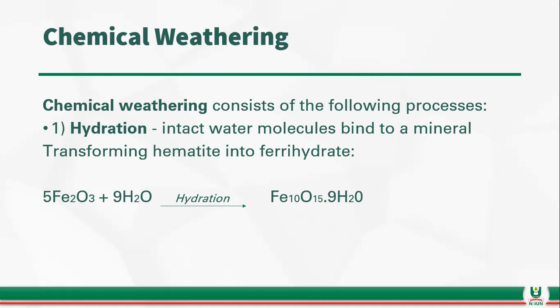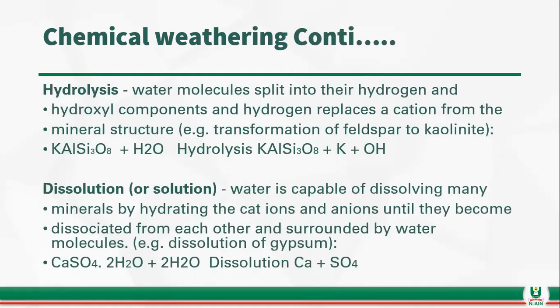Hydration simply has to do with adding water to something. So when this iron oxide is mixed with water, it comes up with a new product, which will definitely lead to a breakdown of a component of rocks or any material it is coming in contact with, leading to the formation of soil. Now, chemical weathering continues.